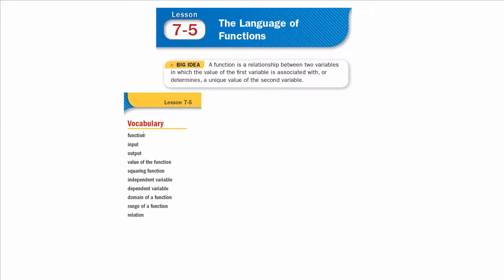So what is a function? It's very specific. We've got two areas of definition. One is a general idea of a function. It's a set of ordered pairs where no two ordered pairs have the same x value. That could be applied to all kinds of things.